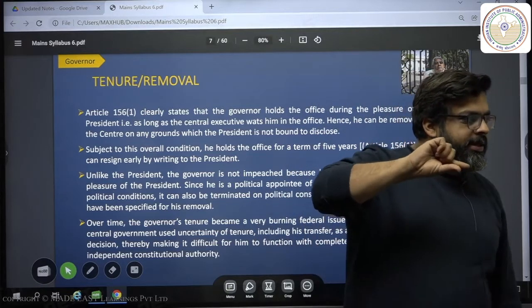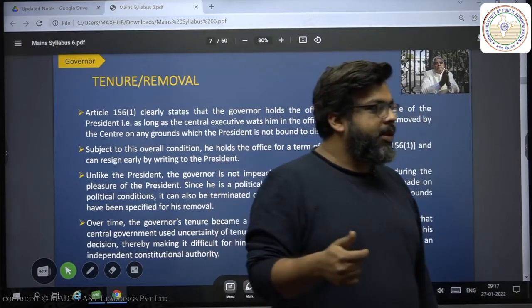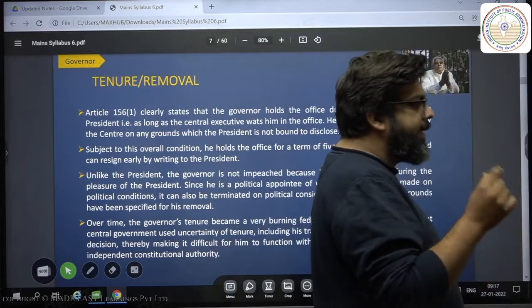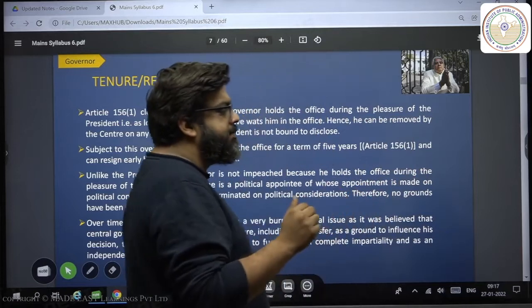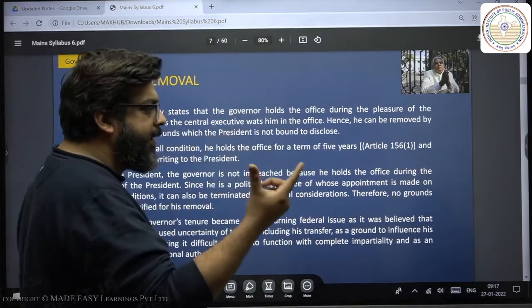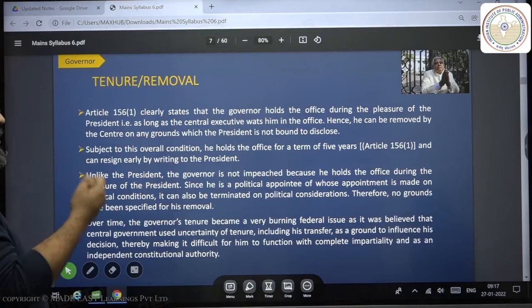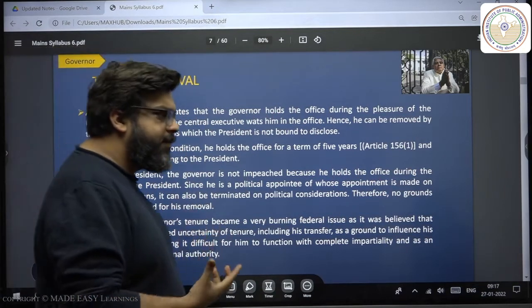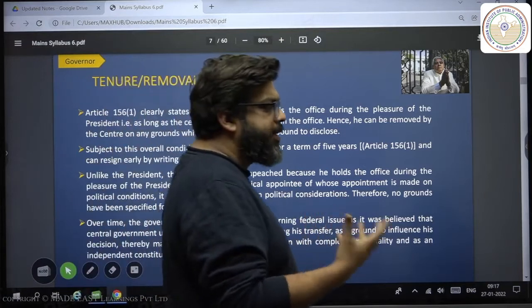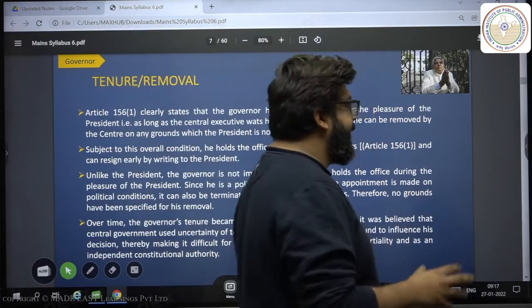So governor in the context of federalism can be asked, but independently an analysis of the governor's office seems slightly far-fetched, but because it is such an important constitutional position, just to be safe, we are covering it to make sure that our grounds are comprehensive.